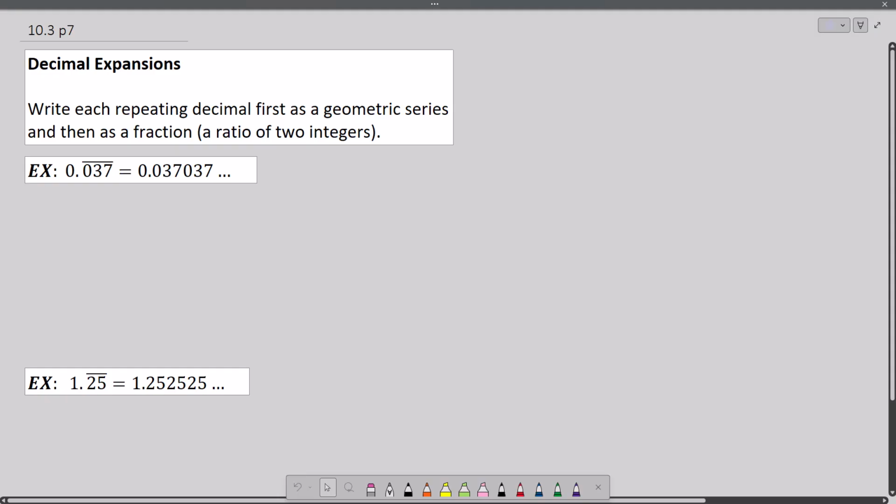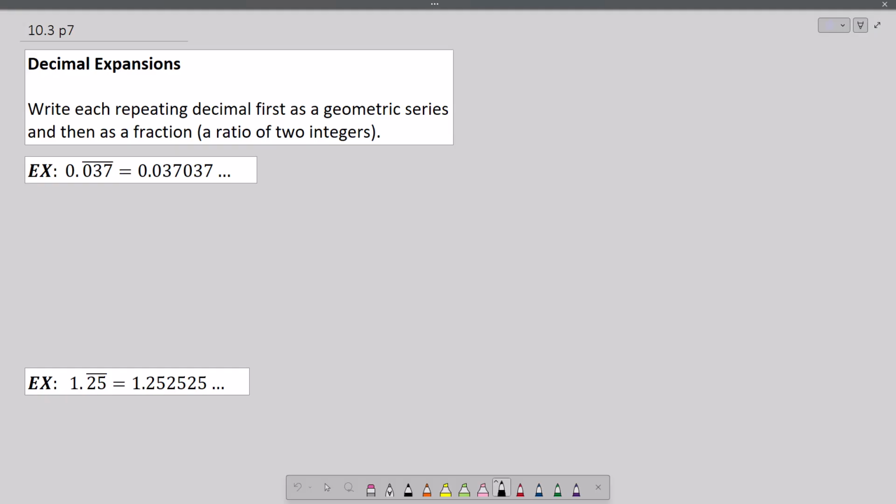So we want to create a geometric series, and remember that we usually can write a geometric series in that general form. And so we're going to try to take these repeating decimals and do that.